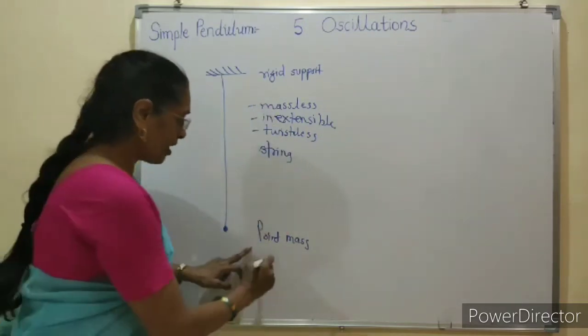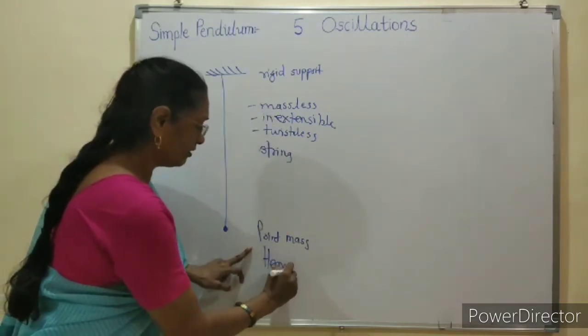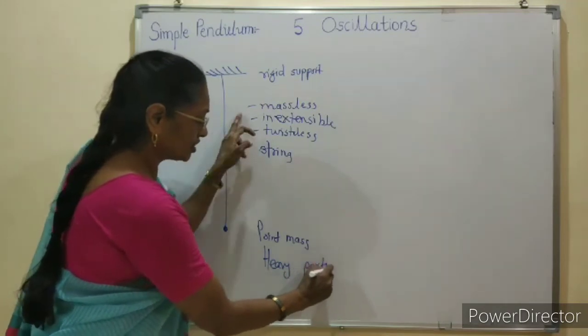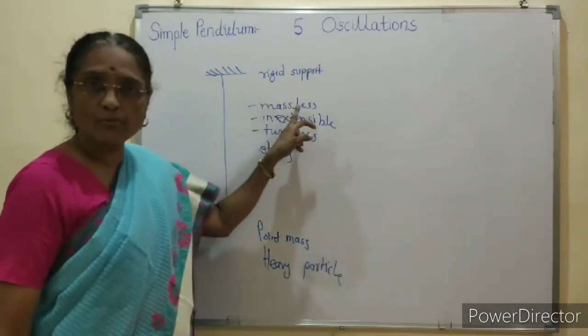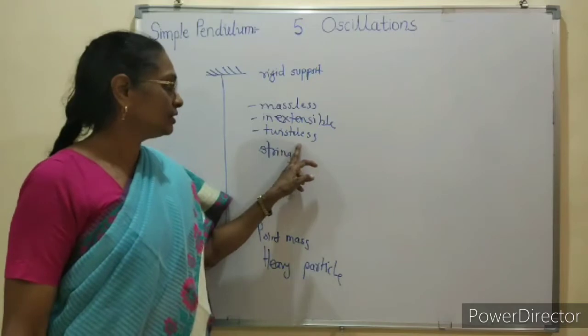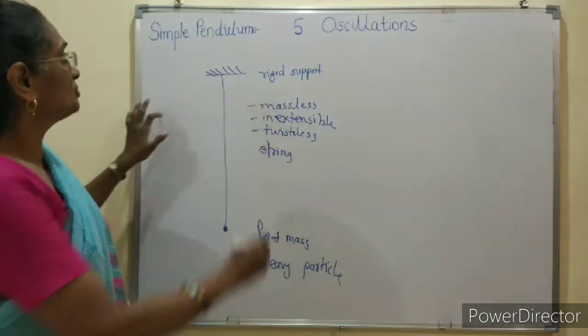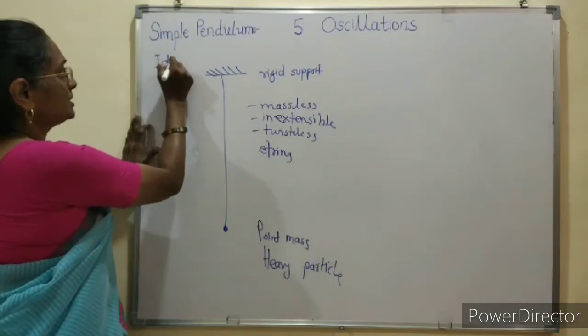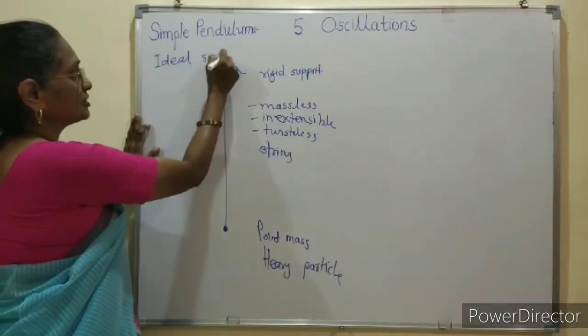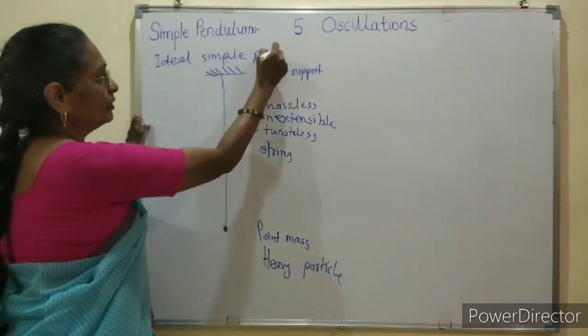So if point mass or heavy particle is suspended by means of massless, inextensible, twistless string from a rigid support, then this pendulum is called as ideal simple pendulum.